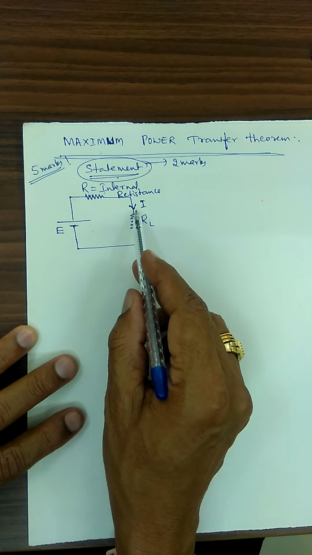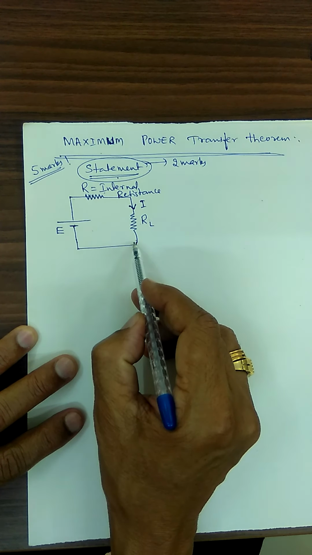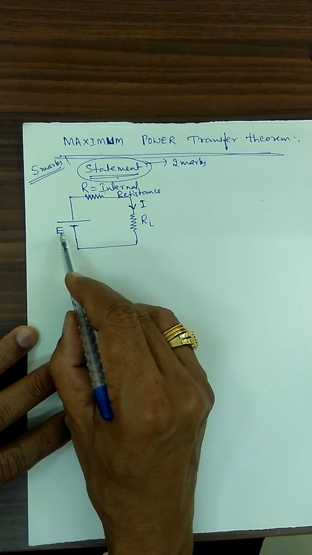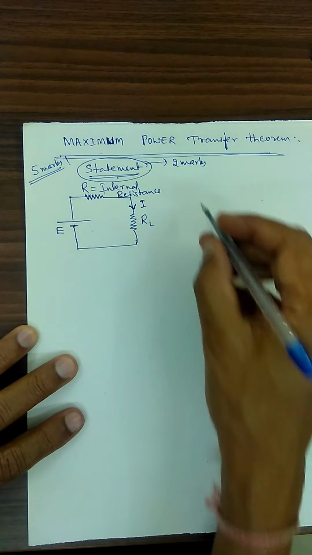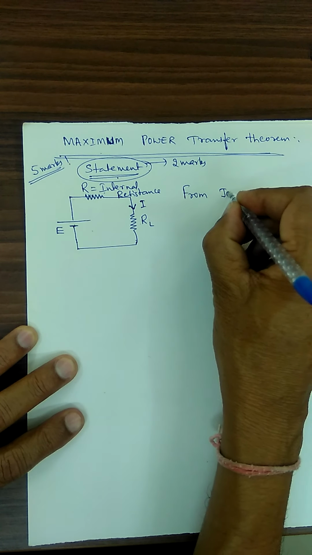I is the current that flows through the load resistance. The EMF of the battery is equal to E. Now I will consider Joule's law.